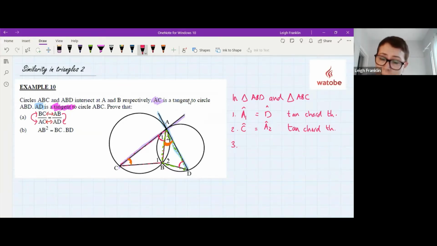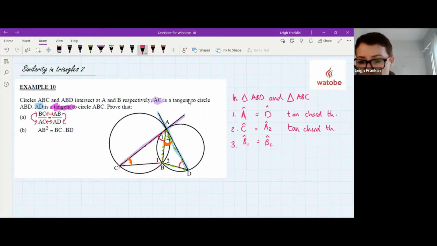So now, if there are two pairs of corresponding angles, it means that the remaining angles have to be equal to one another because of angle sum in triangle, or the interior angles of a triangle. So that leaves angle B1 in triangle ABC to be equal to angle B2 in triangle ABD.